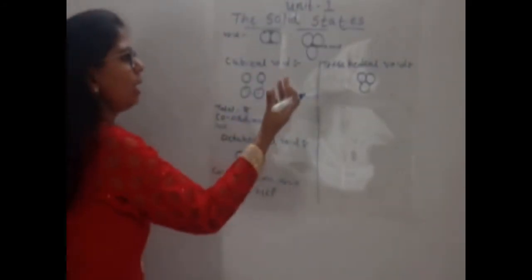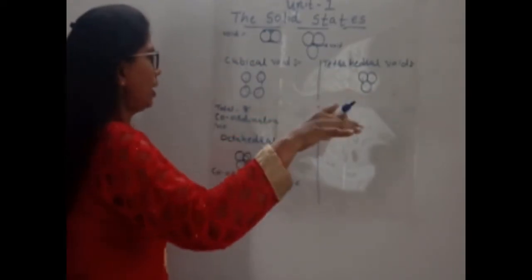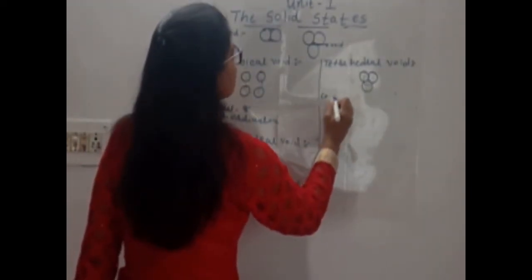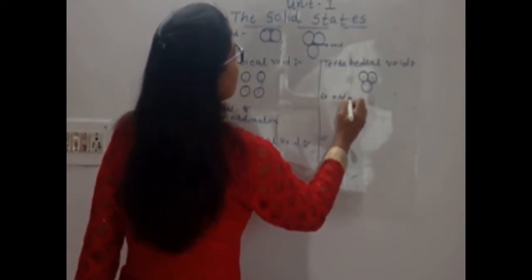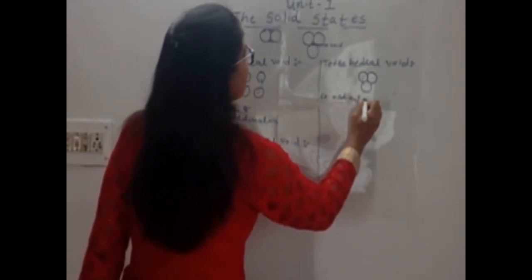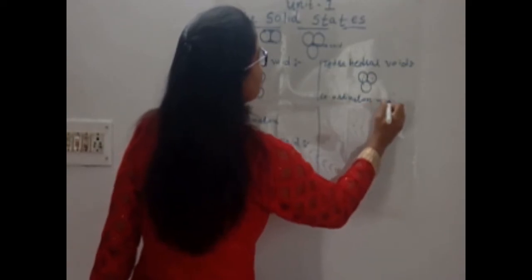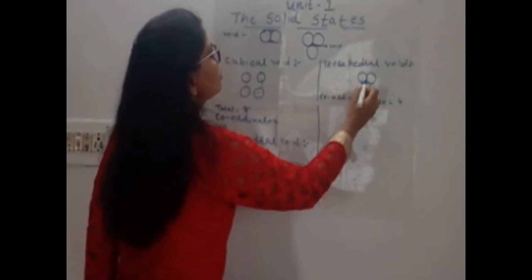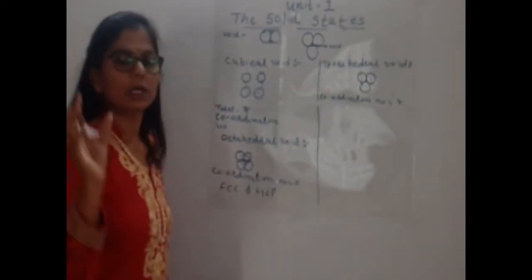So 3 spheres, and one covered from above. So here the coordination number is 4 because 3 are there, and to cover this void I have arranged one sphere on the top.